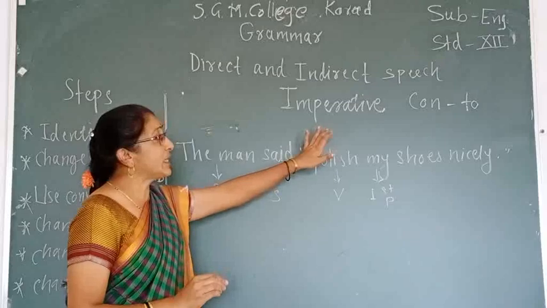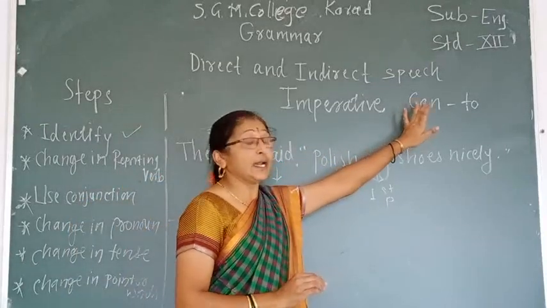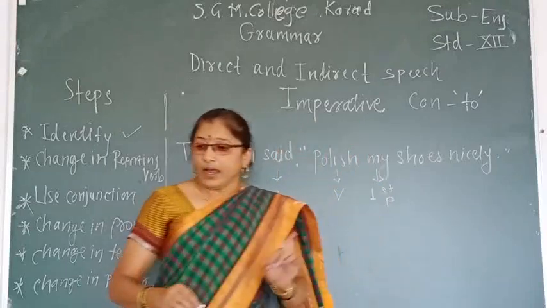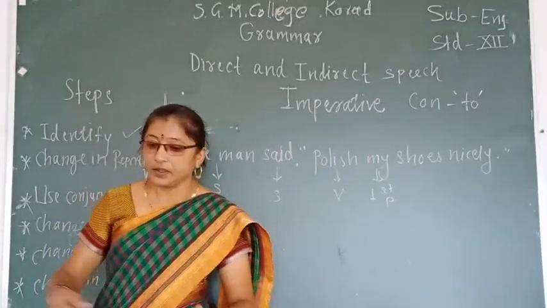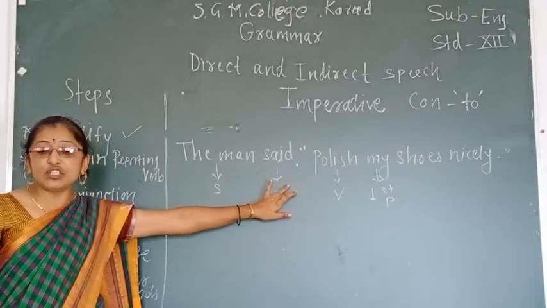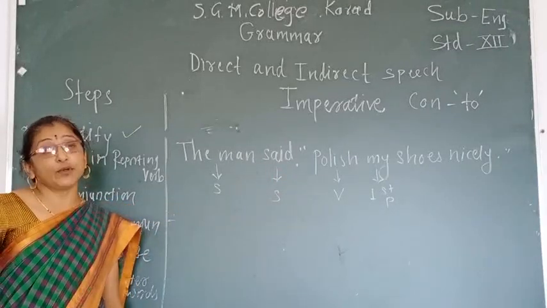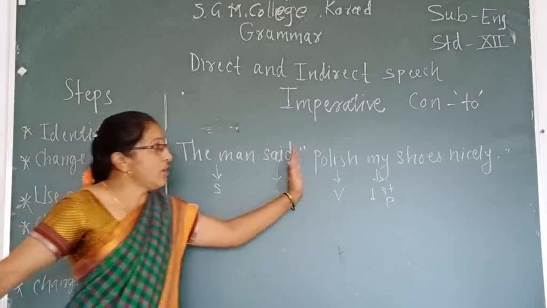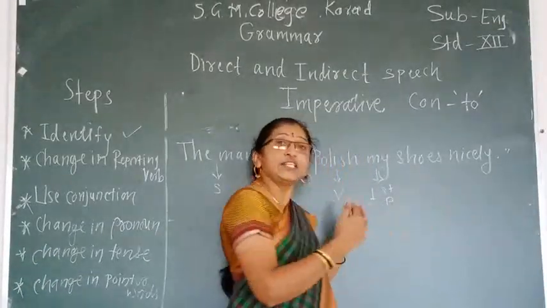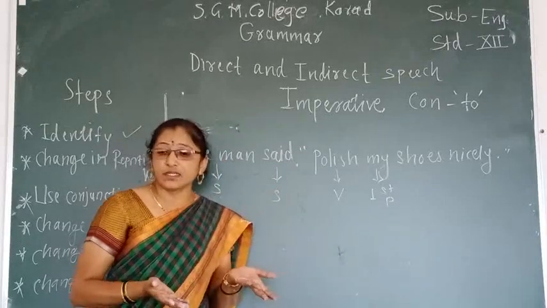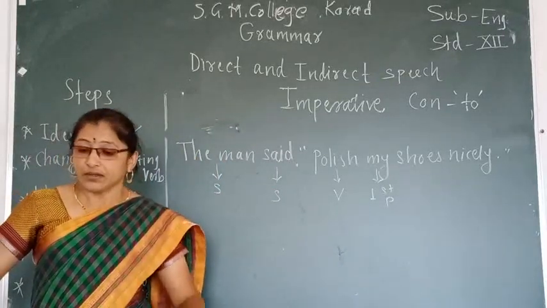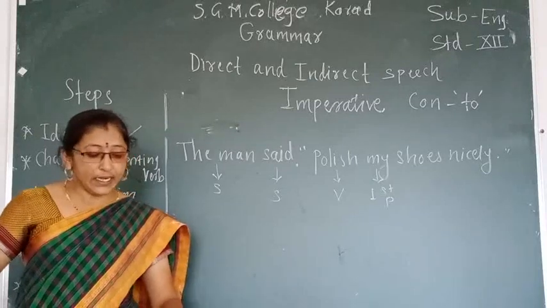In affirmative sentences, we use the connective word "to." There is no change in the tense of the reported speech. There is a change in pronouns and in pointer words, but in imperative sentences there is no change in the tense of reported speech.